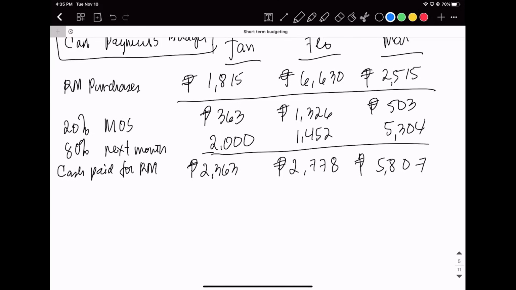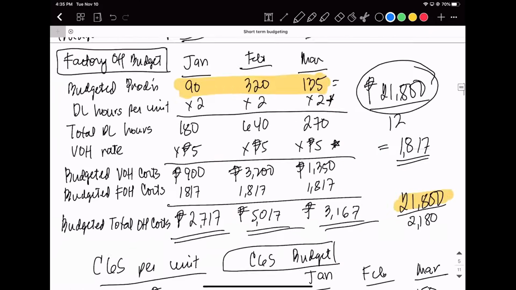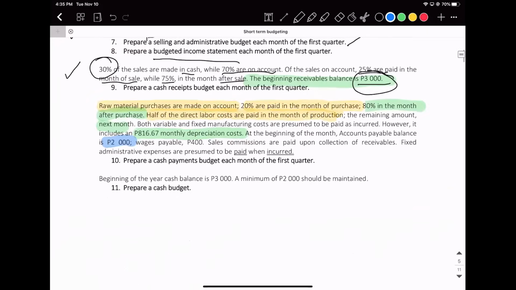Okay, next. Cash paid for direct labor. Okay, ano sabi sa direct labor? Binalikan mo yung direct labor, sabi kanina, balikan natin. And half of the direct labor costs are paid in the month of production. O, tandaan na rin natin, meron tayong wages payable na 400. So, ano yan?